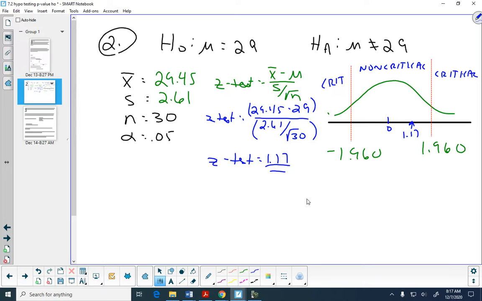Going back to our notes from last week, if we're in a non-critical region, we fail to reject the null hypothesis. If we're in a critical region, we reject the null hypothesis. So here we fail to reject, and here we reject, and reject. So we fall into a non-rejection region. So at this time, we fail to reject the null hypothesis.